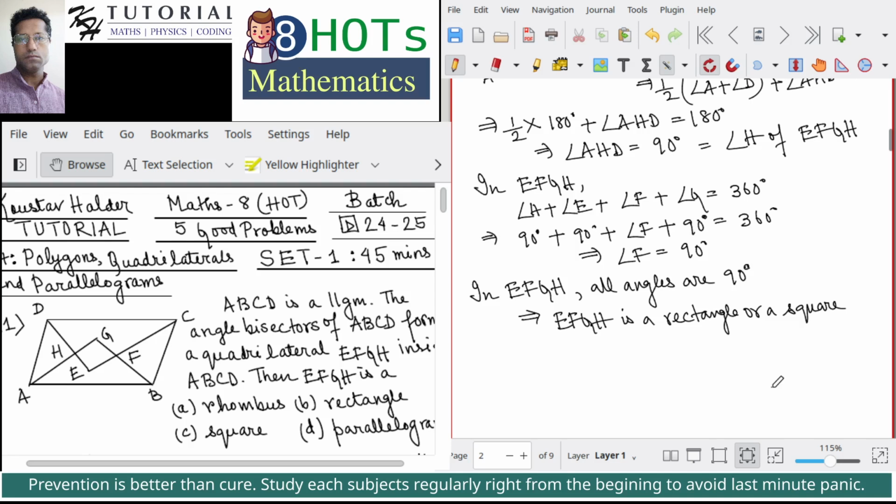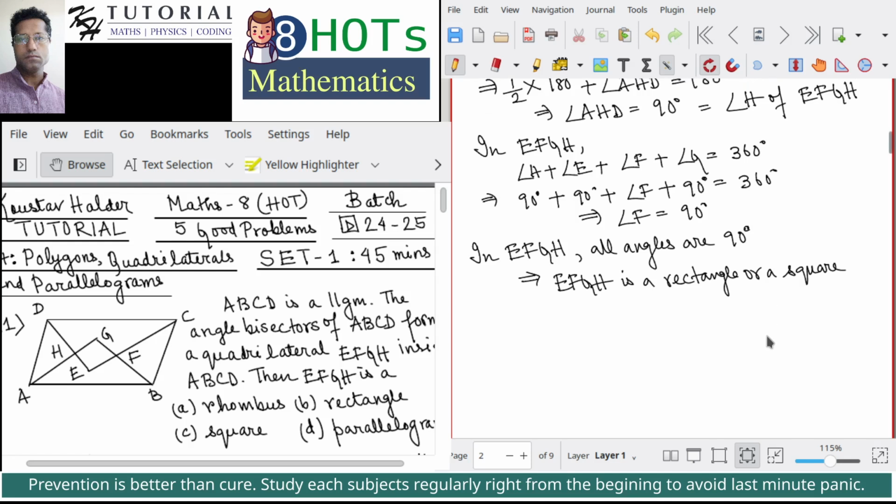In a square, we know that all the sides are equal. Will this problem guarantee that in the quadrilateral EFGH all the sides are equal? It is not, because no information is given about the sides of the parallelogram. So we cannot have any results regarding the sides of the quadrilateral EFGH.